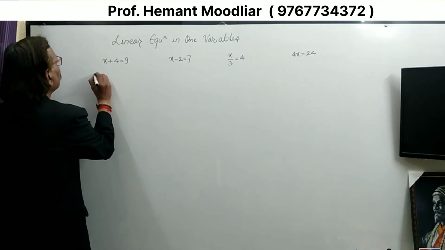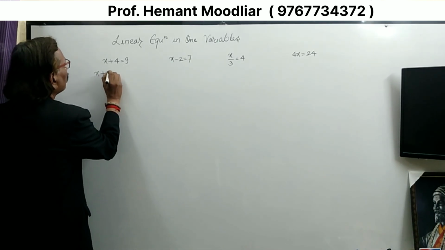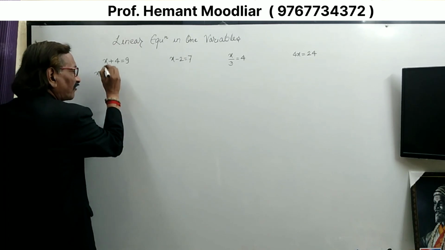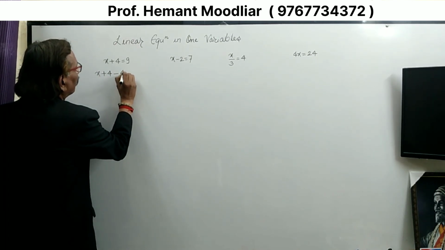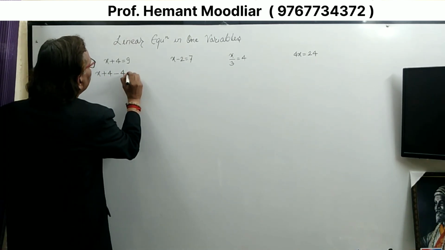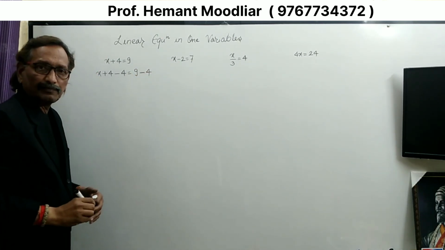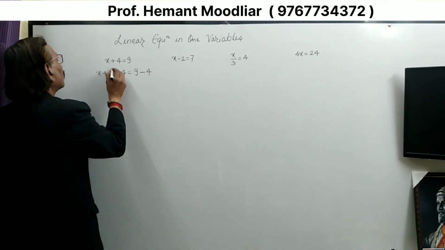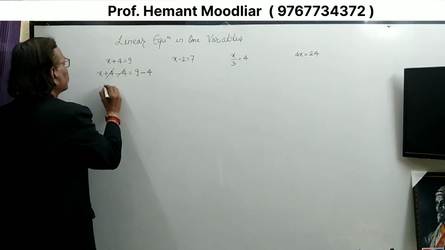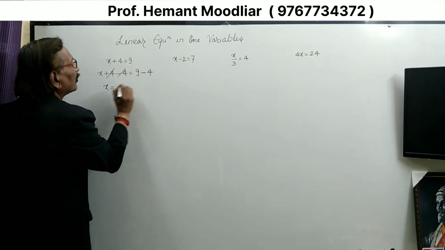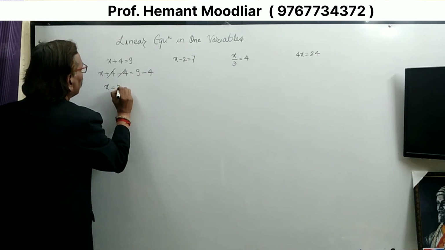So what you can do is x plus 4, you don't want that 4, so remove that 4 by minus 4 is equal to 9 minus 4. Now here, normally plus 4 minus 4 cancels, you get x, and you get here 9 minus 4, that is equal to 5.